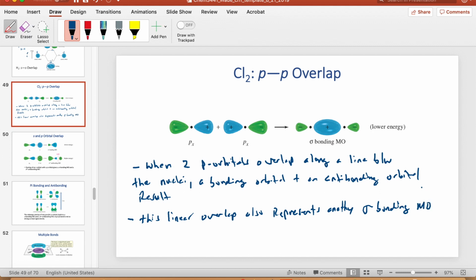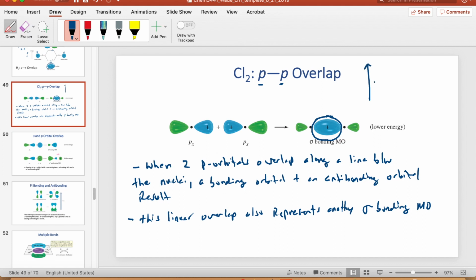Right, and so we can depict this in the same fashion that we did for the last one. This time we're going to look at how they would overlap together. So in a sense, here's our bond right here. This is our bonding orbital, where we have each individual one, and we have the same deal. So we have P, and you would just put this into the same diagram.